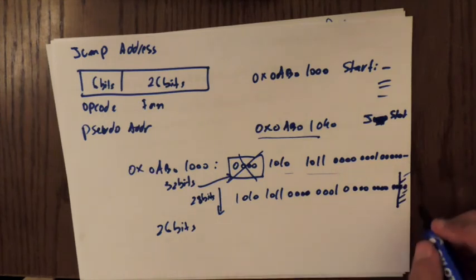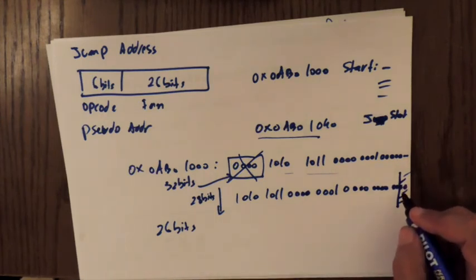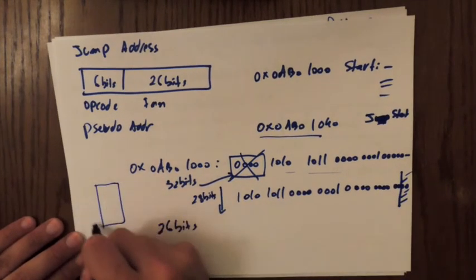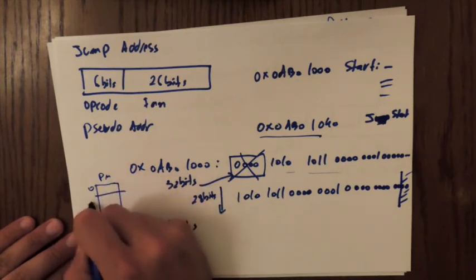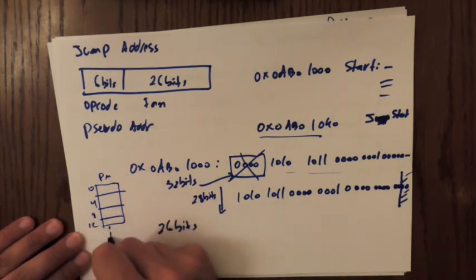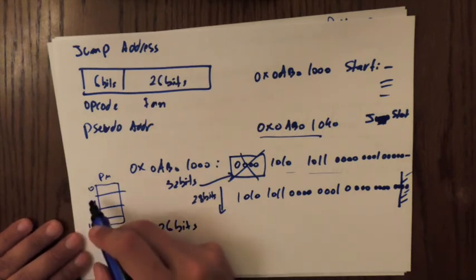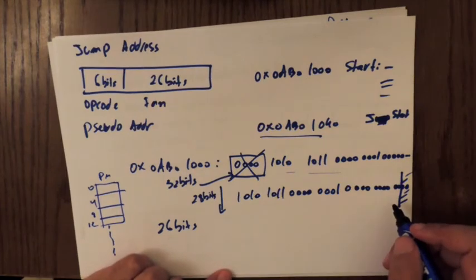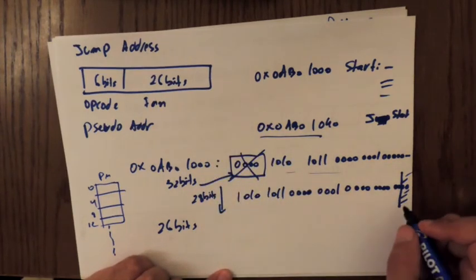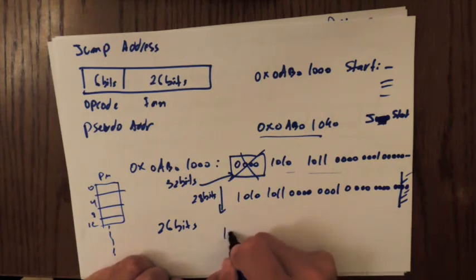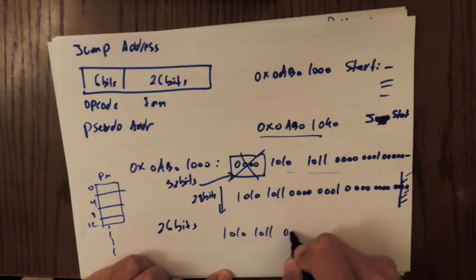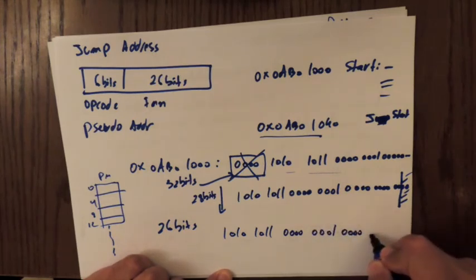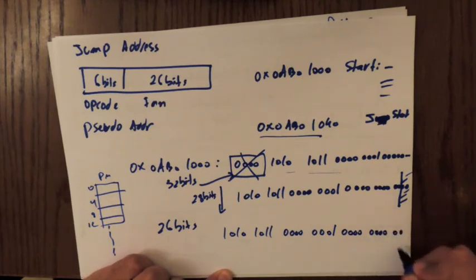Why do we remove the last 2 bits? Because we know for a fact that the program memory is byte addressable. If I look at the program memory, it goes 0, 4, 8, 12, and so forth, and we notice that the last 2 bits are always 0, so we can take them off. So the jump address going into these 26 bits is 1010 1011 and so on, ending with 2 zeros.